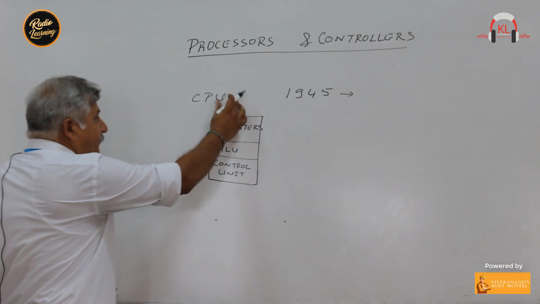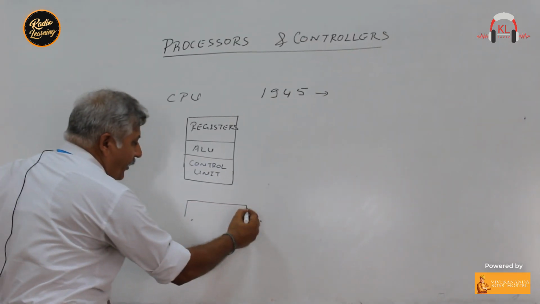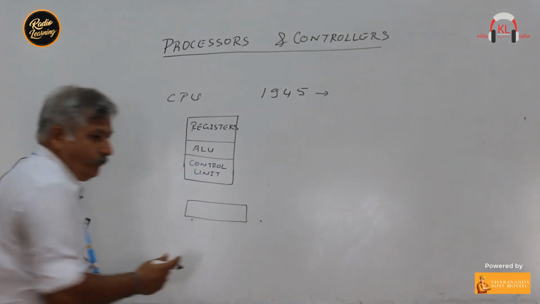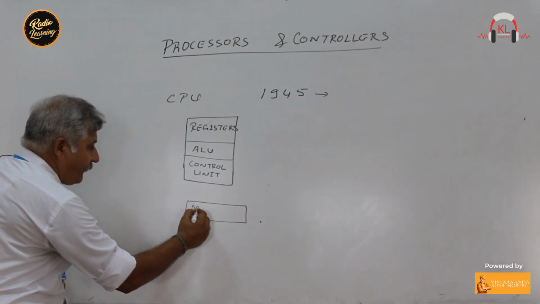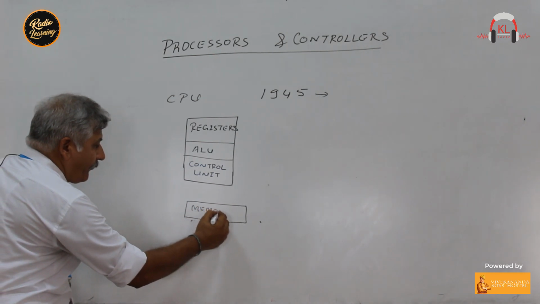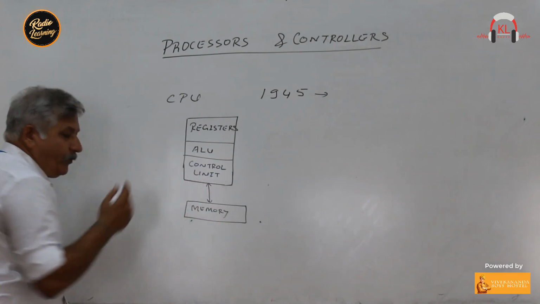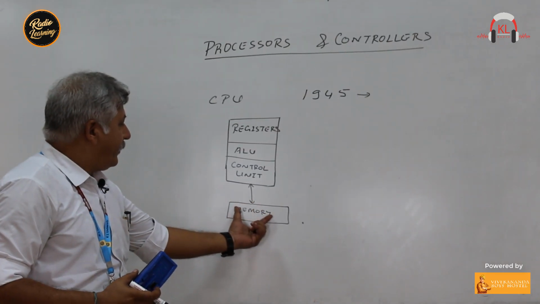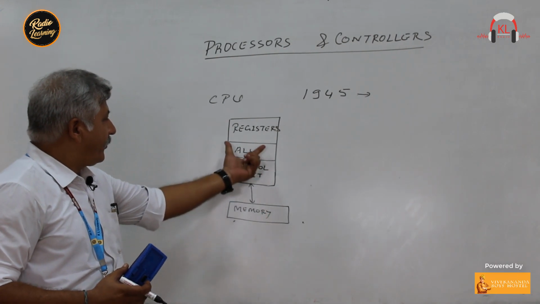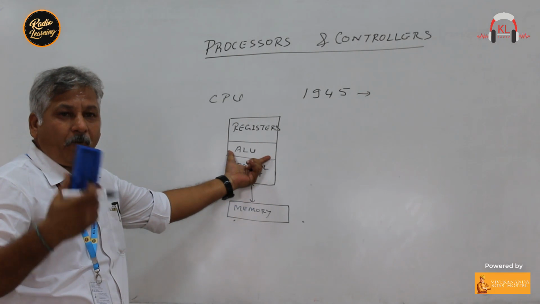So this is basically our CPU, and this CPU must have the capability to communicate with memory. So here we have memory, and content from the memory should reach the CPU, then the CPU will perform a certain operation.